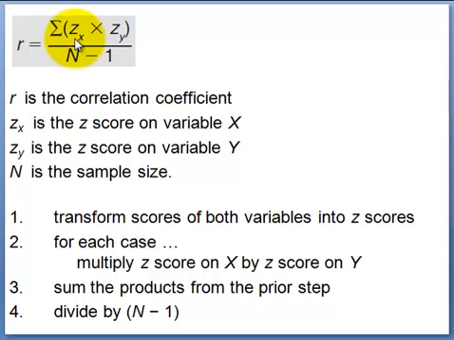So that's presented here. Let's focus on the summation sign. It's step 3, after you've multiplied the z-score on x times the z-score on y and figured out the product for each case, then you're going to sum those products. And finally, the last step is to divide by the sample size minus 1.